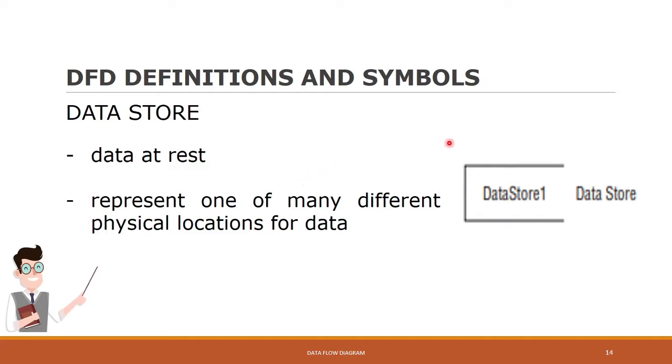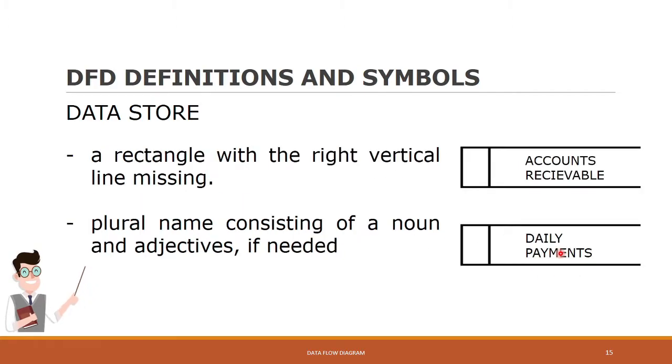So this symbol is the storage of your information system. The symbol for a data store is a rectangle with a right vertical line missing. As you can see here in this example, there is no right vertical line.